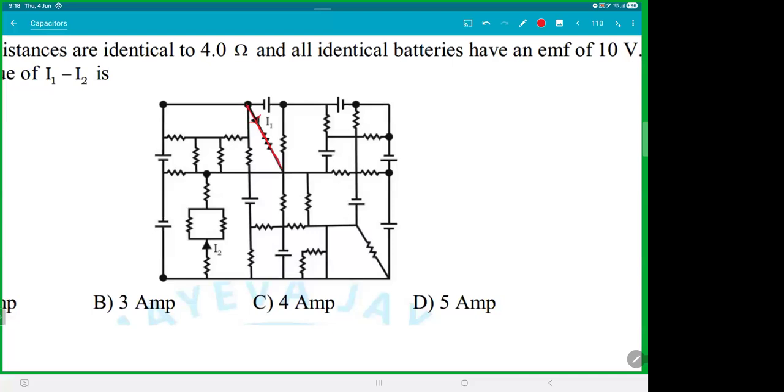You have to come back to the same point without touching a second resistor. Found it? There. So your maze skills will come into picture here. So see, let's go like this, go like this, go like this, go like this.